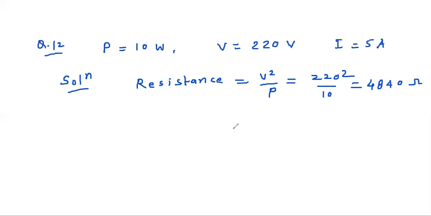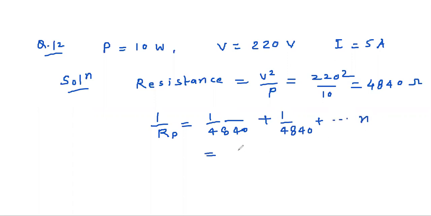Now these bulbs are connected in parallel, so we find one equivalent resistance, and suppose there are n such bulbs, so 1 upon Rp will be equal to 1 upon 4840 plus 1 upon 4840, and such n resistors are there.